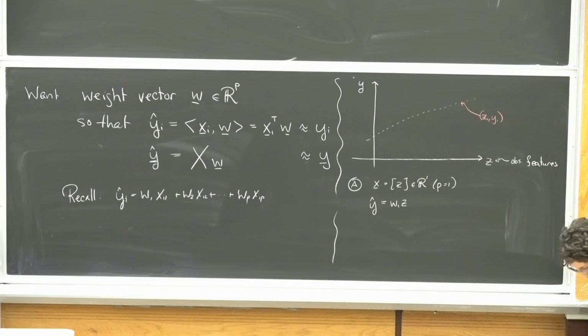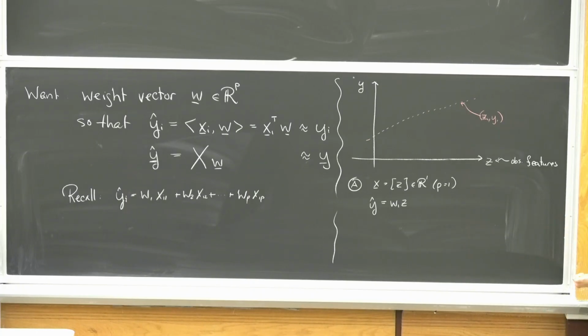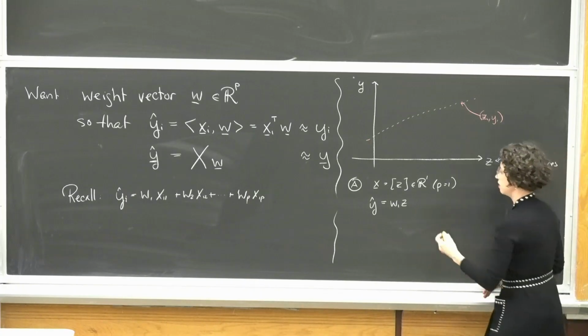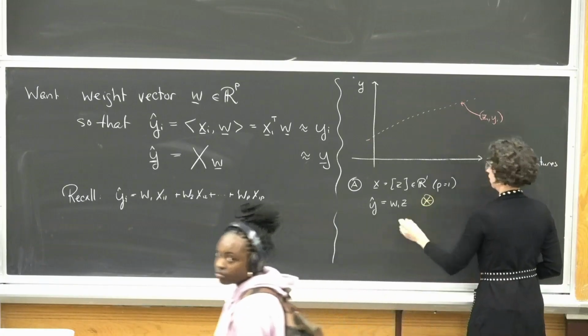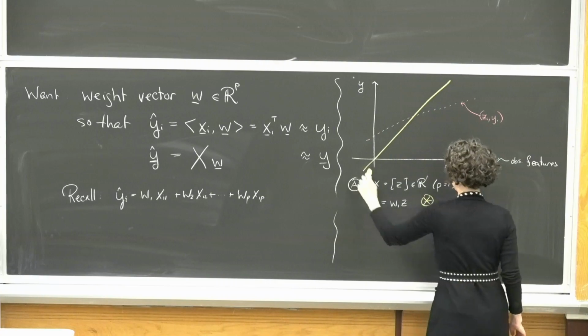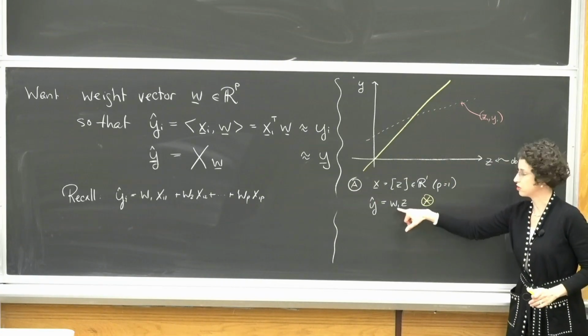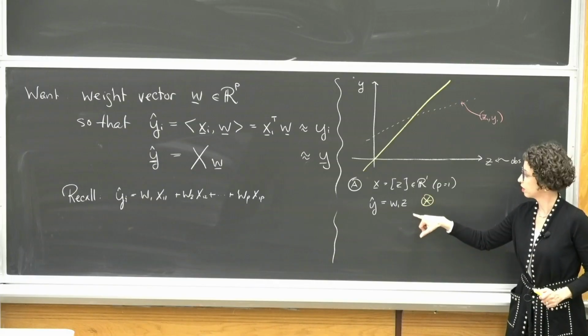And so now if I'm going to try to fit a line to this data, following this model, then I'm going to be forced to go through the origin, right? Because I have a linear equation here with a slope but no offset.